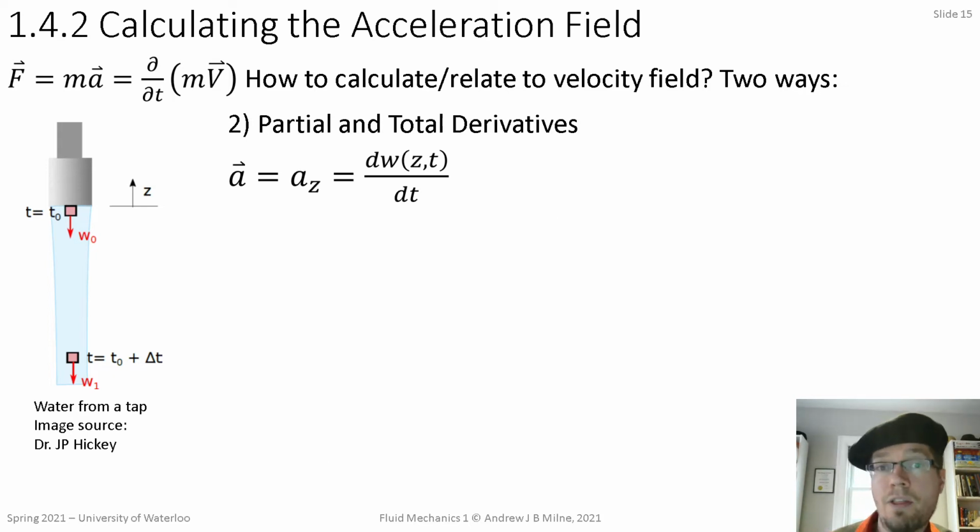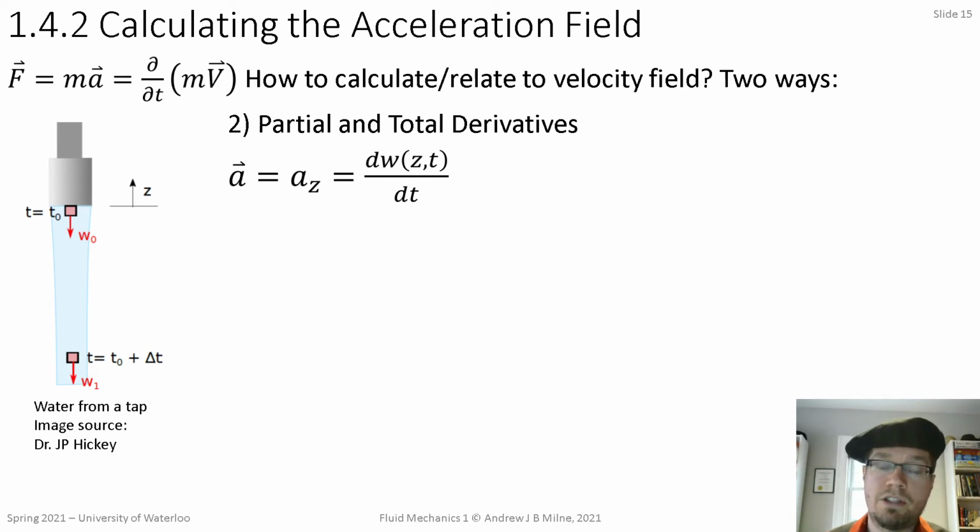Let's look at the other way that we can get this acceleration field. You're taking ME303 right now. You took 203 already, so you've got some ODEs and PDEs. You will see this a lot in your PDEs course this term, but we can just jump to that acceleration field directly by considering partial and total derivatives.